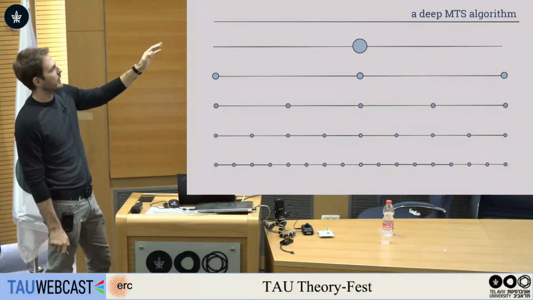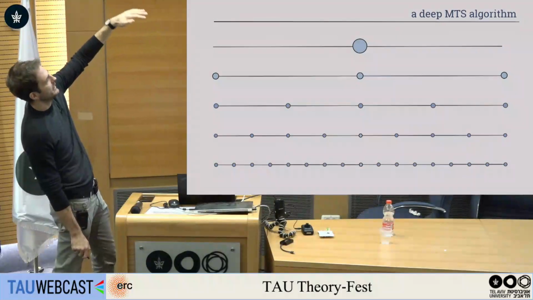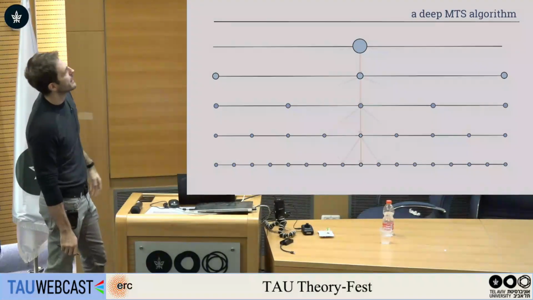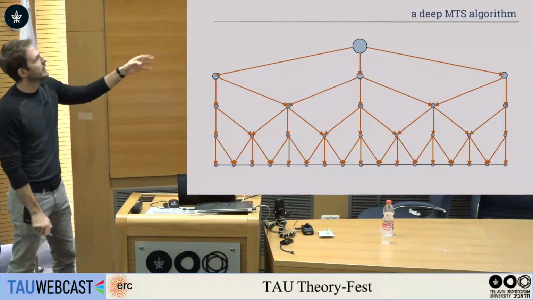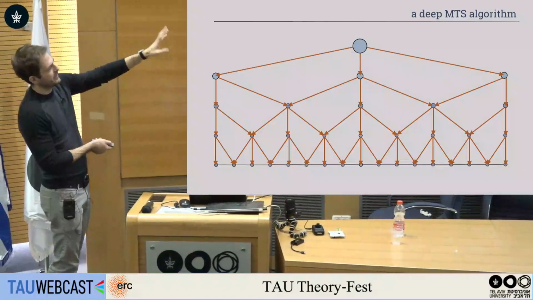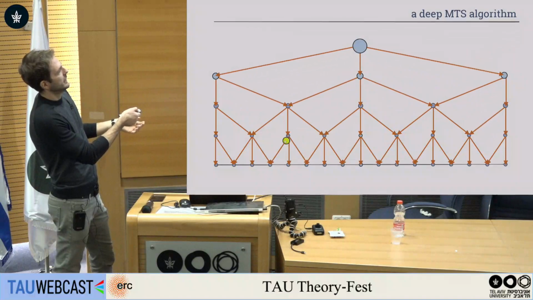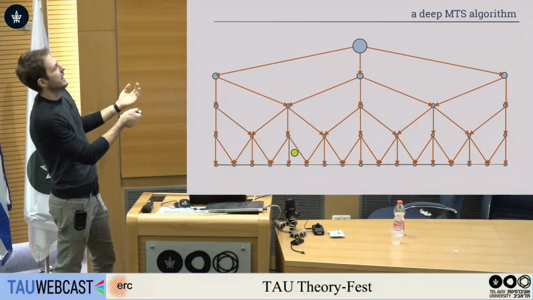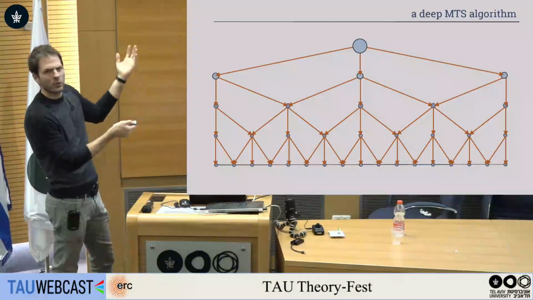I just built a sequence of dyadic approximations to the line with half the number of points at every step, and let me connect them up in a nice convolutional networky way. Here everything looks very symmetric, but it doesn't need to be. You can imagine every point here should connect to everything within distance, like if this is some scale 2 to the i, to all the children within distance order 2 to the i.